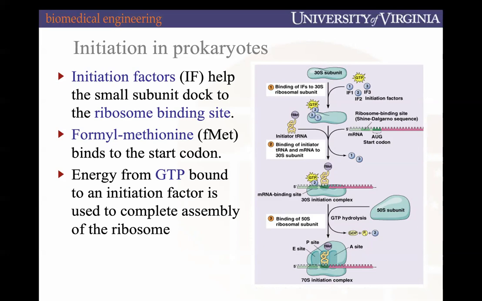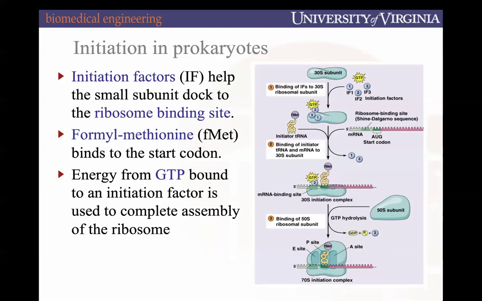Once that first transfer RNA is carrying in, in prokaryotes, formylated methionine, and once we have the initiation factors there, and these initiation factors are going to have a GTP molecule on there, that's important. You can kind of think of this as an entire pre-initiation complex. That GTP is going to be really important because it's going to help with the completion of the ribosome assembly and bringing in, helping the large subunit to bind to the small subunit, forming the full ribosome complex.